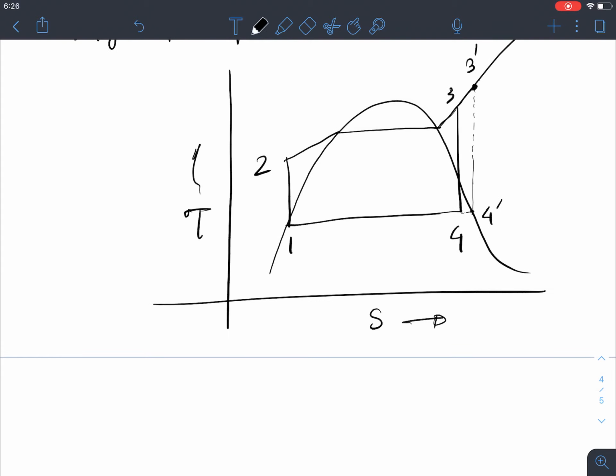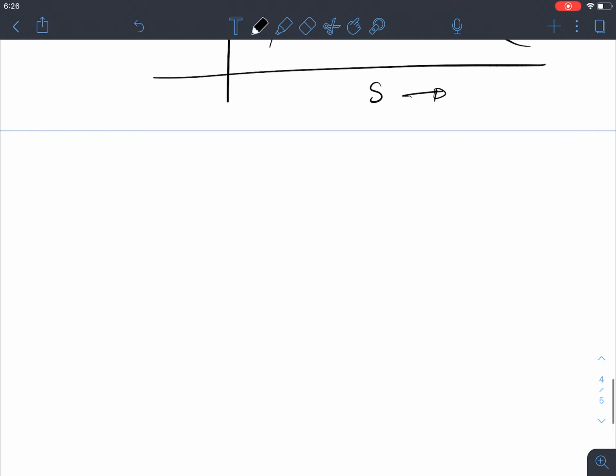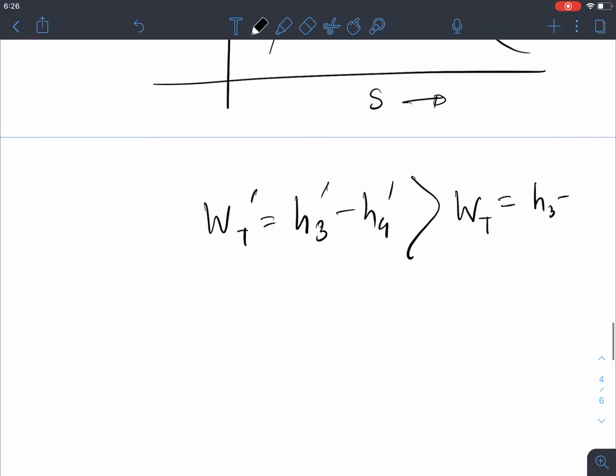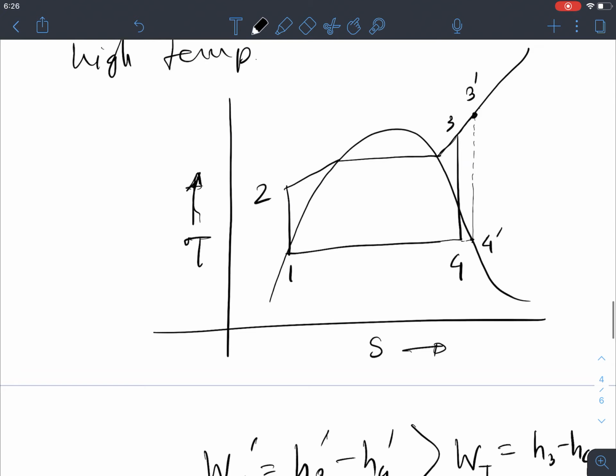So this is S, T. So keeping everything constant, the new turbine work, WT prime, equals H3 prime minus H4 prime, which is higher than WT, and that one is H3 minus H4.